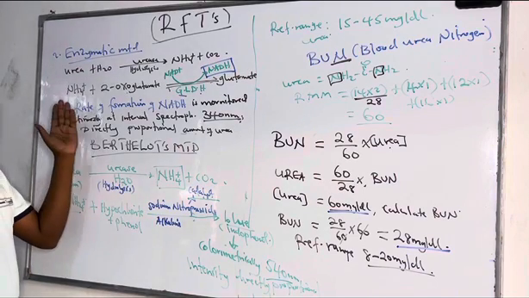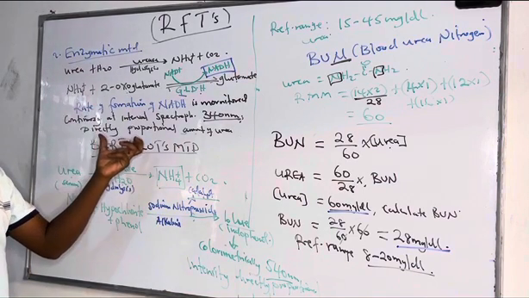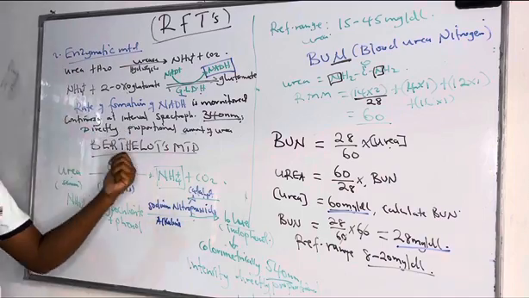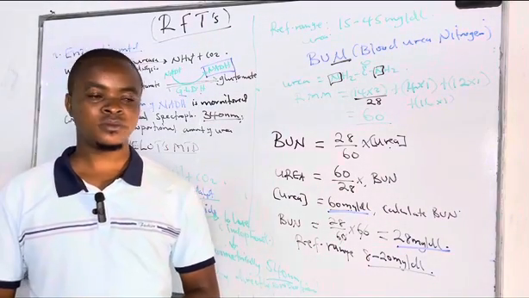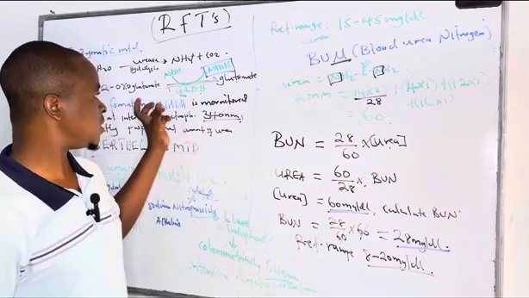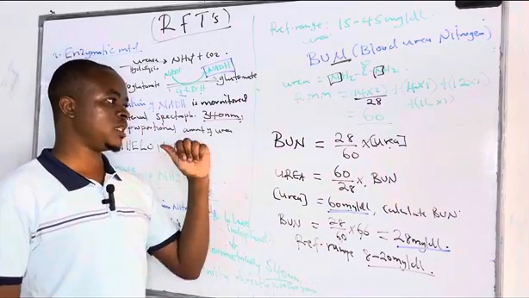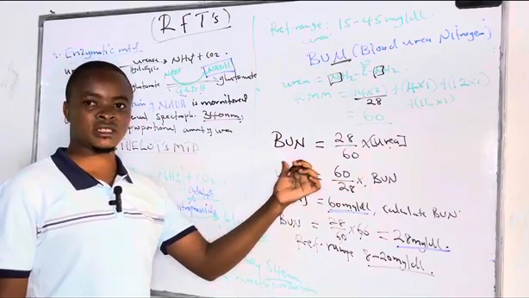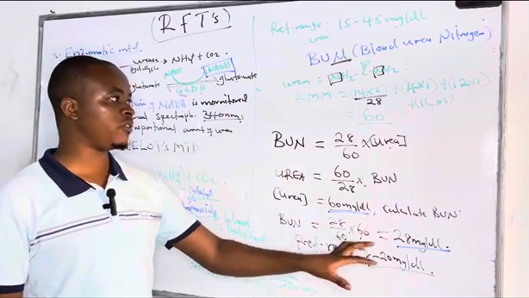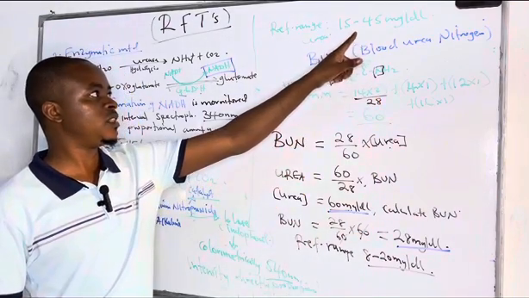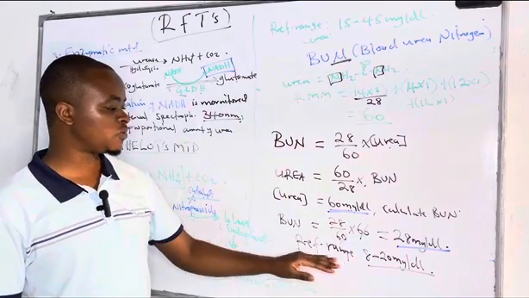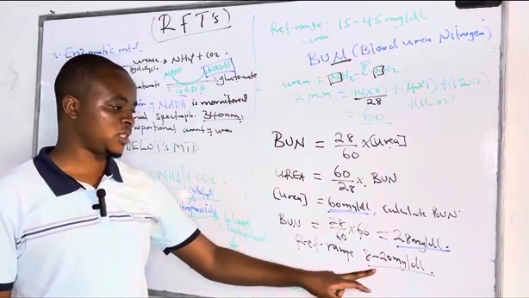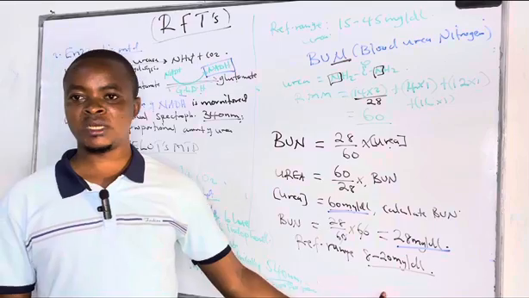So we have seen the principle, and the procedure is always per manufacturer's instructions. We have seen how we can get urea concentration, and use it to calculate BUN, and we have also seen the reference range of urea as 15 to 45 milligrams per deciliter and the reference range of blood urea nitrogen as 8 to 20 milligrams per deciliter.